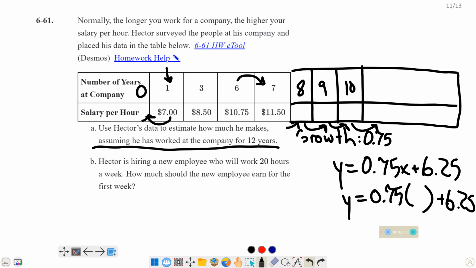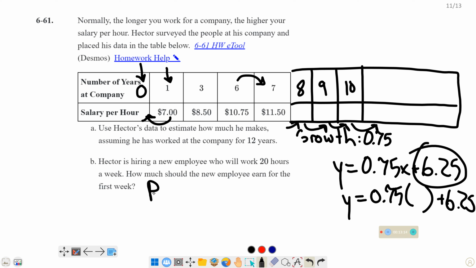All right, problem letter B. Hector is hiring a new employee who will work for 20 hours a week. How much should the new employee earn for the first week? I want you to notice, new employee. We said our beginning value is $6.25.